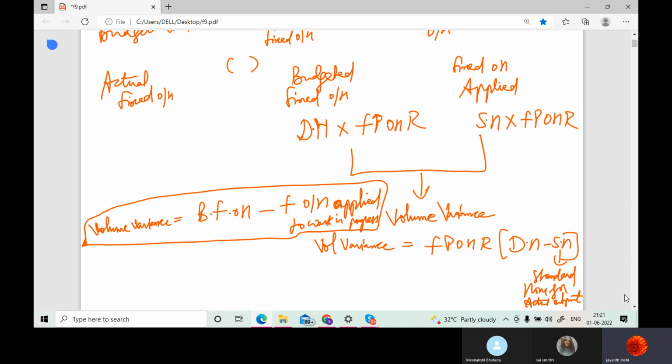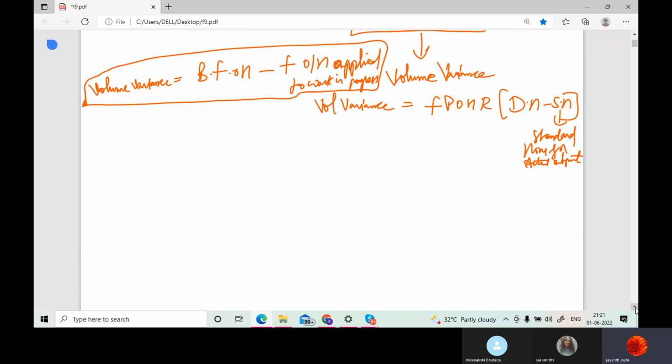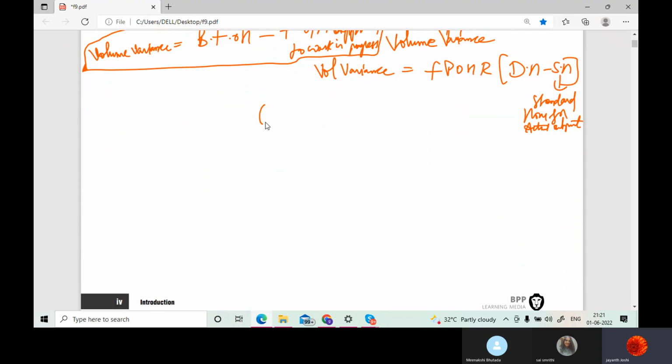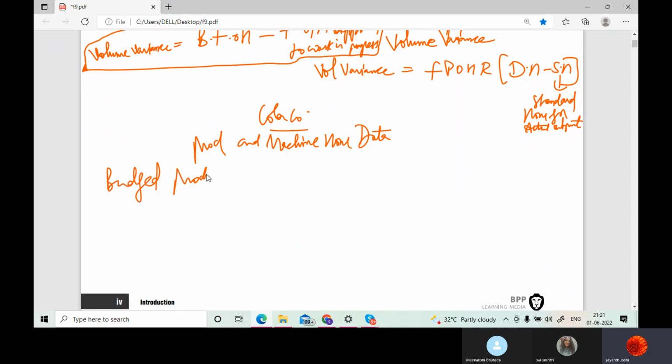So now let's take a question and understand. Cola company production and machine hour data. Budgeted production 30,000 units.